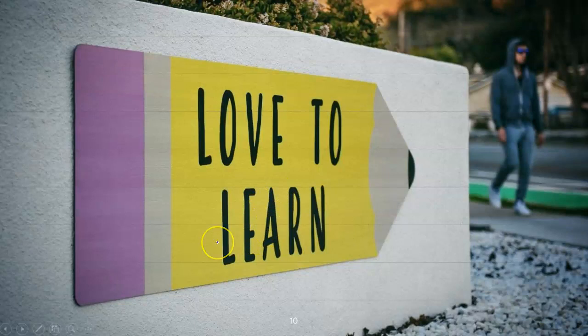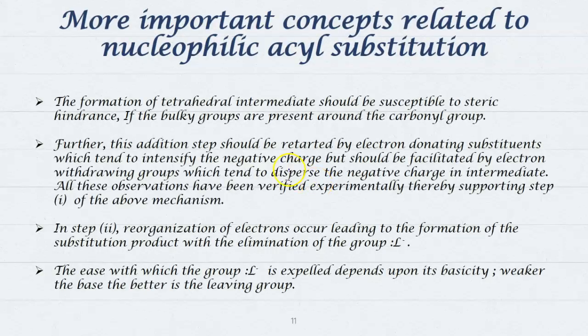Okay, so there are some more concepts related to the nucleophilic acyl substitution reaction, which I hope you will love to learn. The formation of the tetrahedral intermediate is susceptible to steric hindrance. What it means is, if bulky groups are present around the carbonyl group, it is going to be less susceptible to nucleophilic attack, correct?